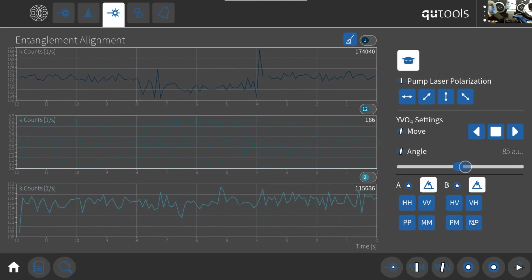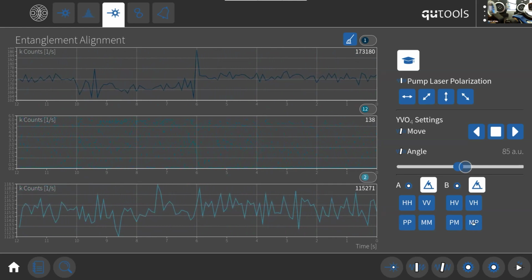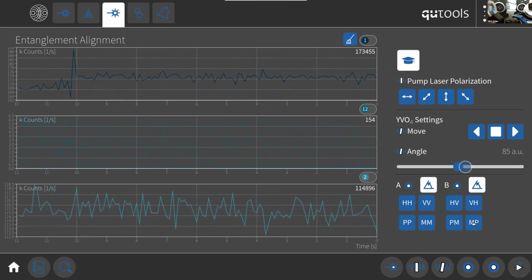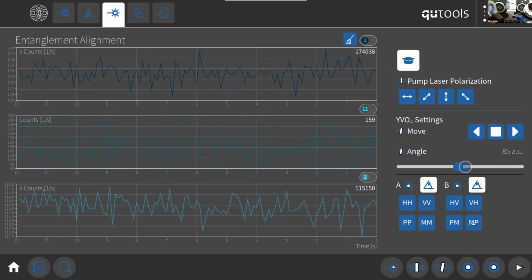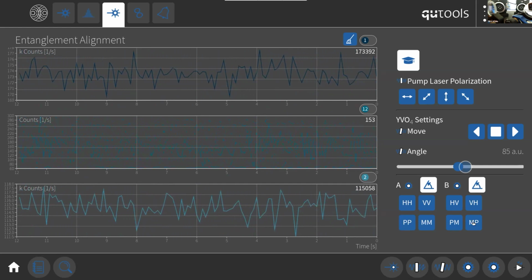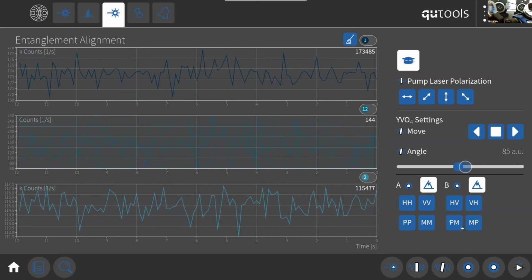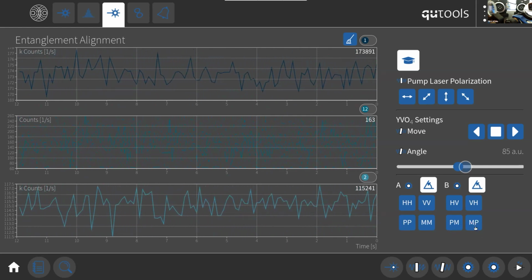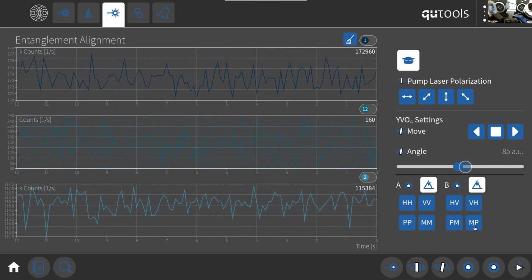If you just make the calculations individually and say, okay, I'm having HH photons and VV photons, this is what I produce with the source, then you can't predict this outcome, since then you should also have a lot of PM coincidences and a lot of MP coincidences. So this is already an indicator of good entanglement in our source.